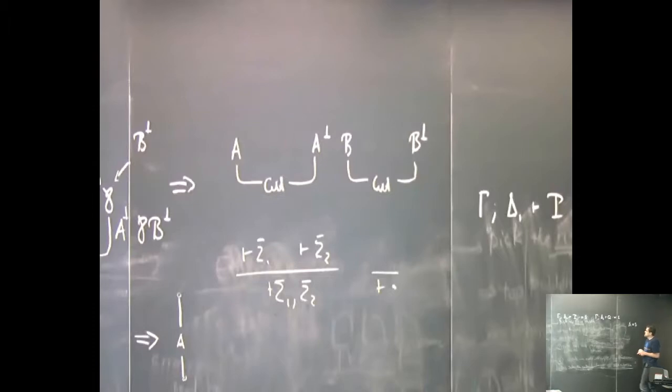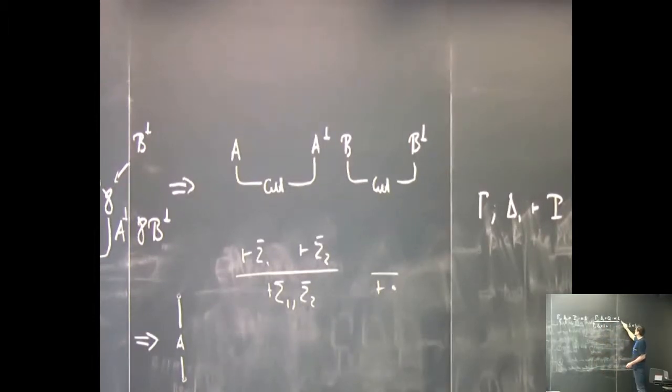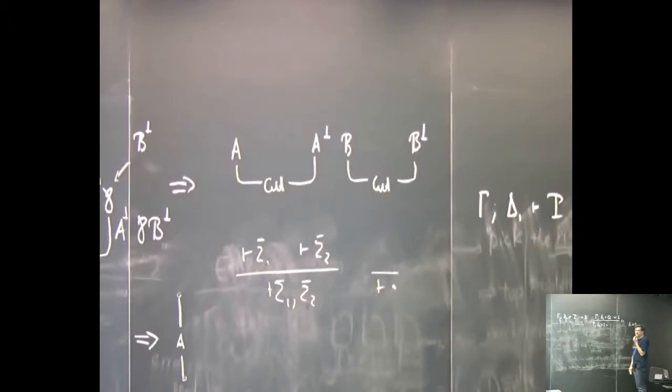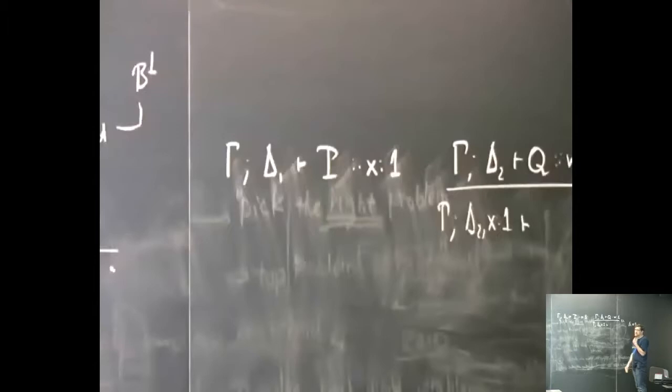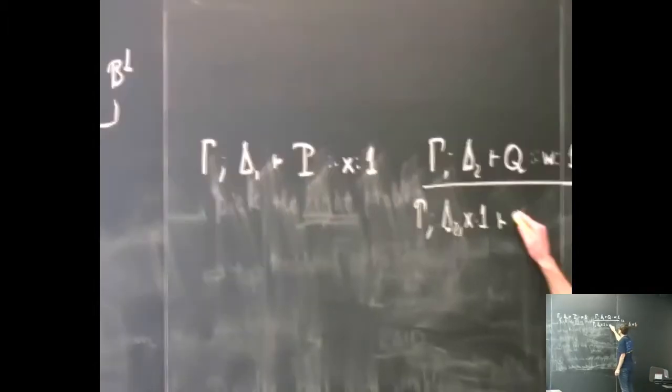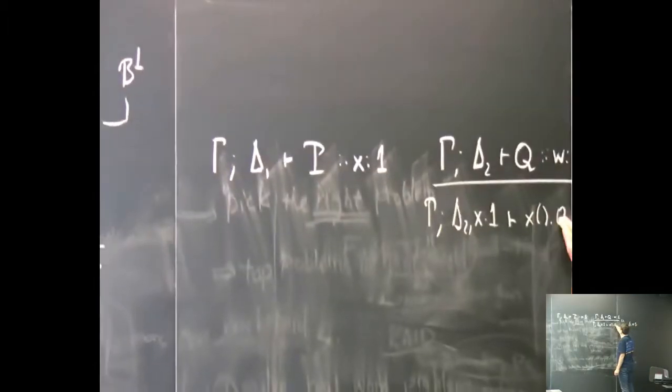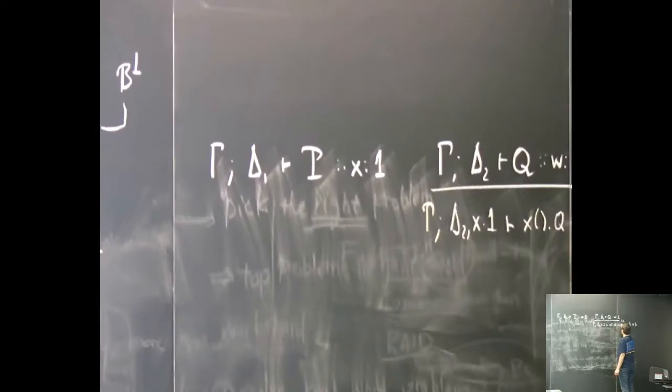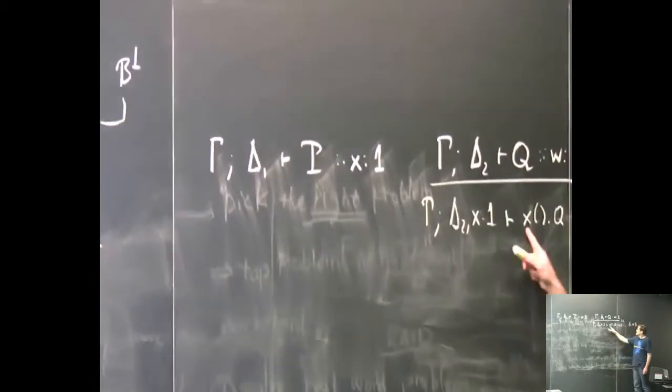Okay, we could cut them directly if we had a 1 here, right? So let's try that. So what is the proof term associated with the one left rule? Anybody remember? You send an empty message.